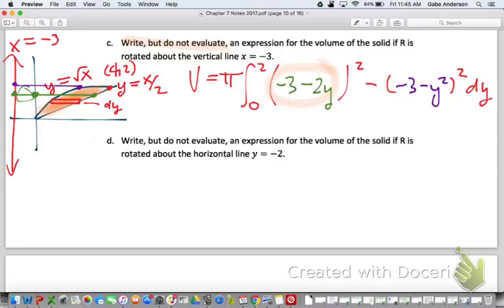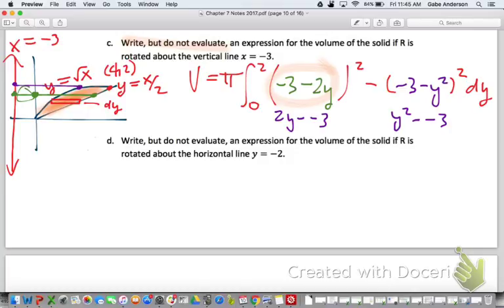That might be a little disturbing because you're like, well, how could a radius be negative? Well, the truth of the matter is, if you wanted to do this essentially backwards, if you wanted to do 2y minus -3, or y squared minus -3, you would get the exact same thing. Like if you flip the order on the subtraction, wouldn't it be fair to say that 2y minus -3 would always be positive? So why would my idea with the negative still work?